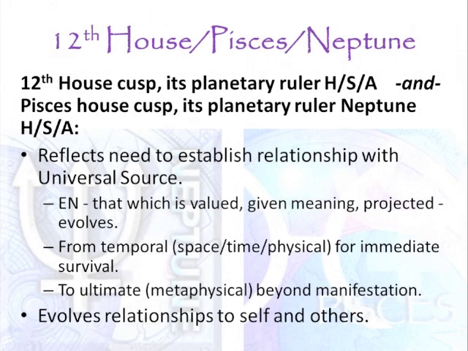And what it does is it evolves from having to be temporal, or what we call out there in that physical space-time manner that we've got to have for survival, that we've got to have to interact with somebody, that we've got to have that physical reflection in order to know ourselves or have value. We go from temporal to ultimate. And so this is how we are looking at that sextile from 12th to 2nd.